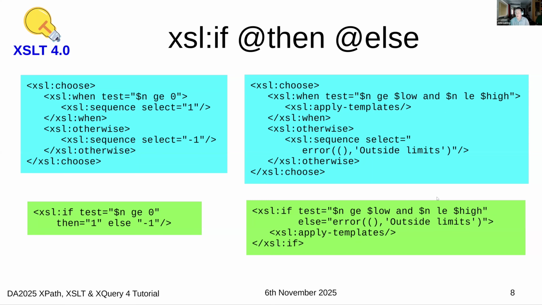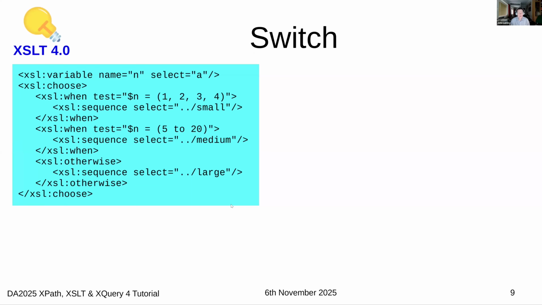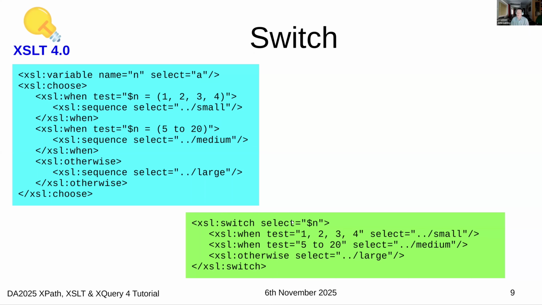You can put the else, if it's an XPath expression, onto the thing and make things much terser. Okay, and we've done the same sort of thing where you're trying to test something against a set of different atomic values. Then we've got a switch, which comes from XQuery into the XSLT.